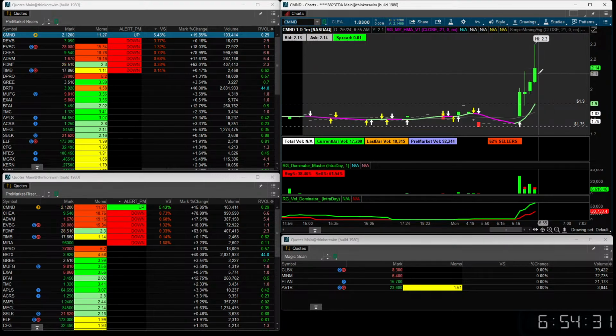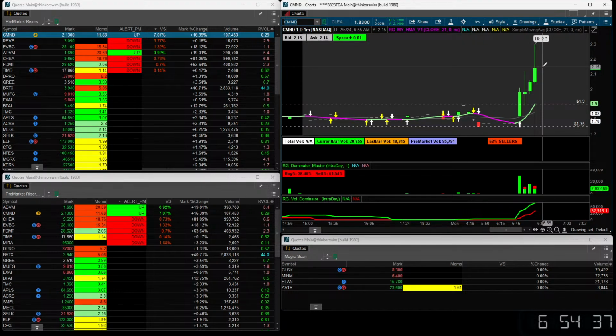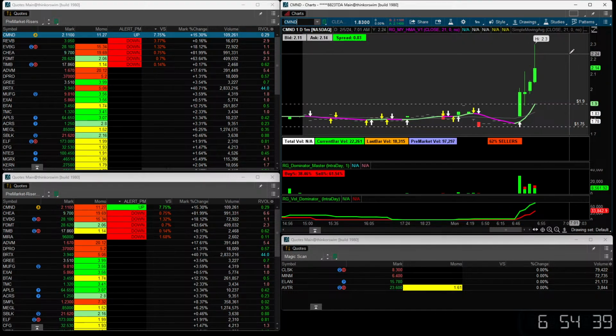Spike up and lost it immediately. There's a lot of sellers. Every time it jumps, there's a lot of sellers driving it back down. So there's pending sell orders is what I'm going to suspect.